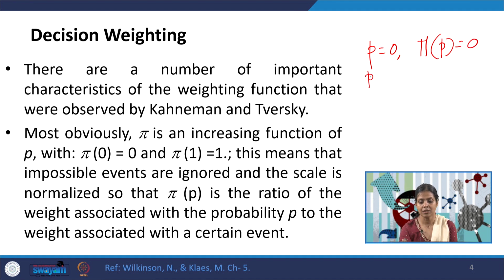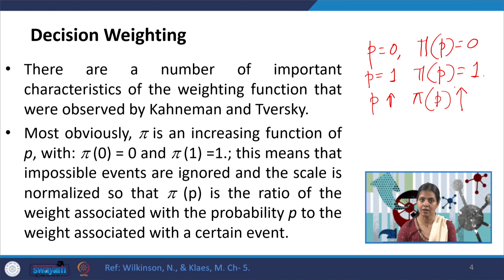Similarly, when there is complete certainty, then again the pi function does not have much role to play, and accordingly pi(1) is equal to 1. And pi is an increasing function, which implies that as probability increases, our preferences as expressed by this decision weight also tend to take higher values.